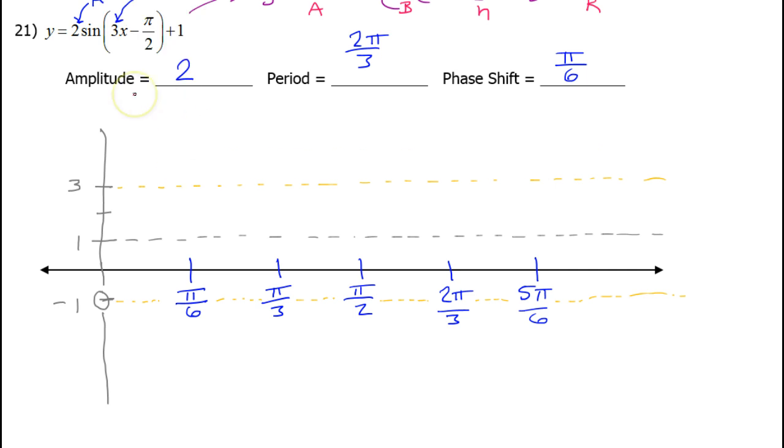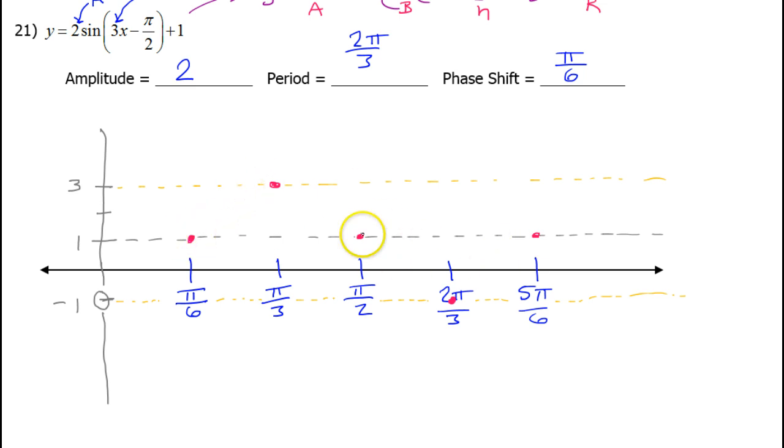Okay, so I think we are ready to go. So this is the sine function. We are going to begin at the phase shift. So we know that sine function begins on the midline, and then it rises from there, unless there's a reflection, and there's not. And then it falls back to the midline, and then it falls down to its low point, and then it rises back to the midline again.